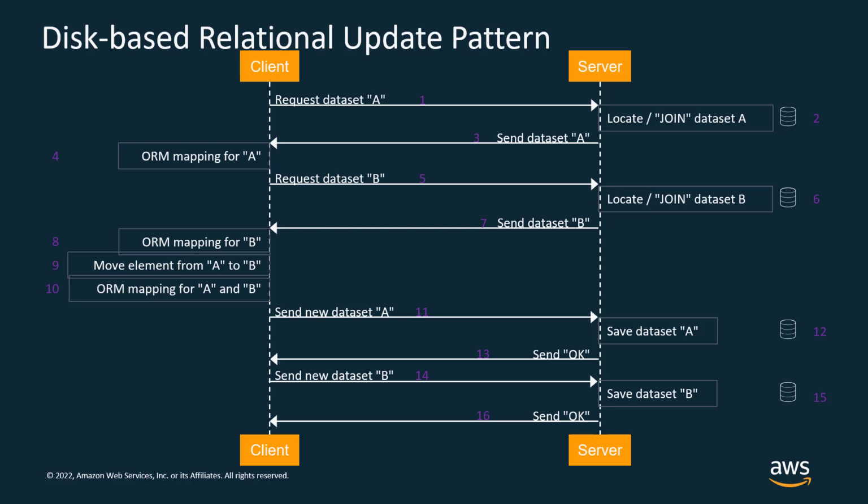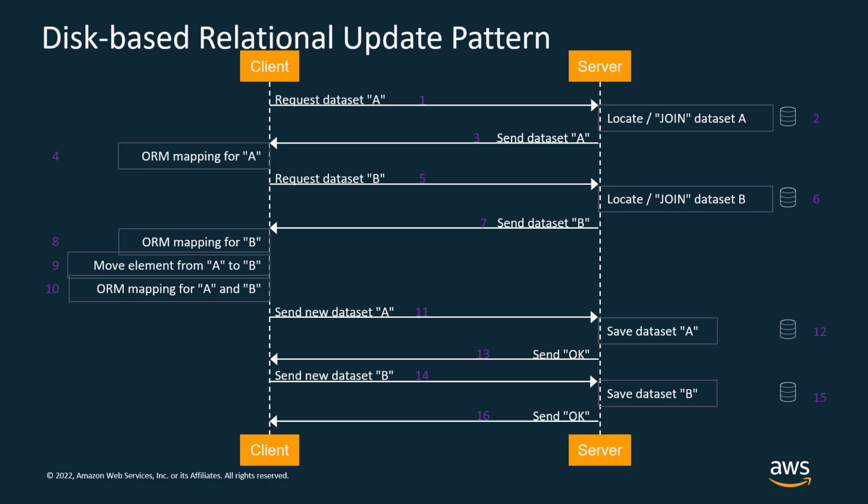So we have two data sets, and we have to do the same steps for the second data set. We generate the SQL and send it to the database, and the database processes it and sends the reply to the client. Only at that point do we have the objects that we need to do the actual change.